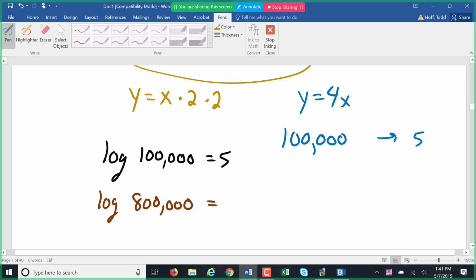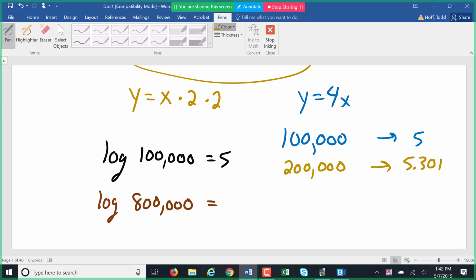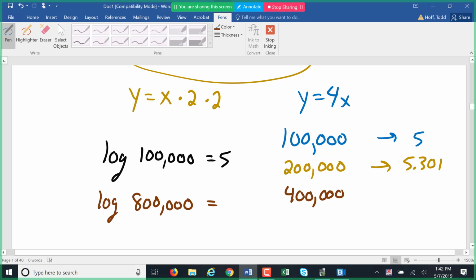If I double 100,000, what do I get? 200,000, right? Log of 200,000 has to go up by 0.301. So log of 200,000 is 5.301 because it doubled. If I double 200,000, what do I get? 400,000.